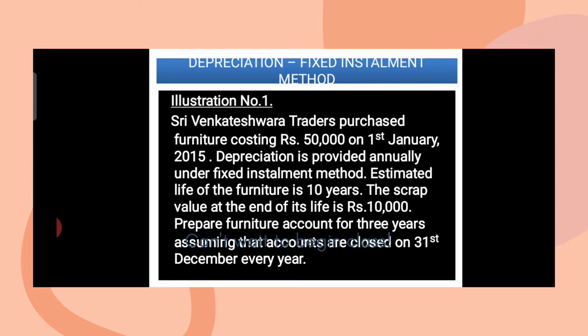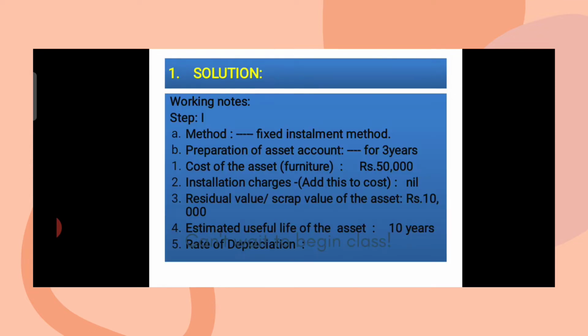These are the major points that we use for the calculation of depreciation. So we have to extract important points from this problem under working notes. Just see the next slide, you can understand how I have extracted different points from this problem.